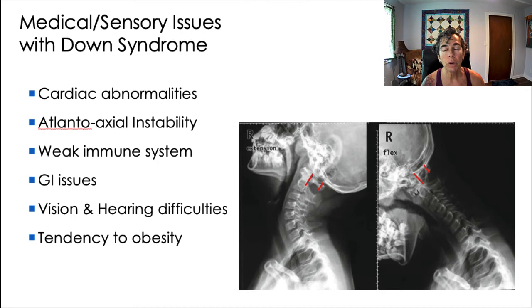So be aware of it, but it doesn't mean shy away from doing motor activities with clients who have Down syndrome. Also, a weak immune system, gastrointestinal issues can happen, vision and hearing difficulties, and you'll often see small children with Down syndrome who also have glasses, and a tendency to obesity.